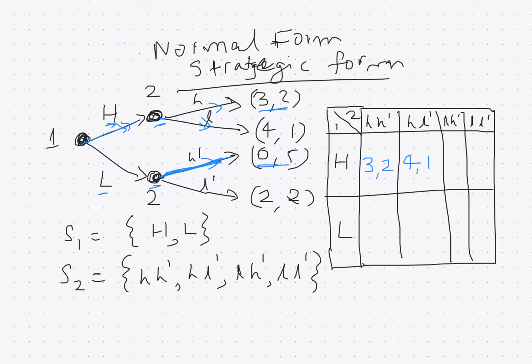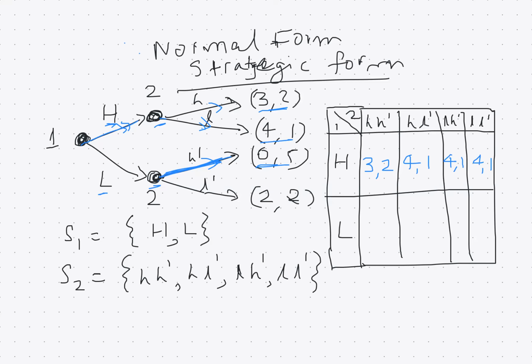So now if player 1 chooses high price and player 2 chooses L and H prime, L is the relevant one. So you still have 4 and 1. And if player 2 is choosing L prime, still L, this one is relevant. So 4 and 1. All right.